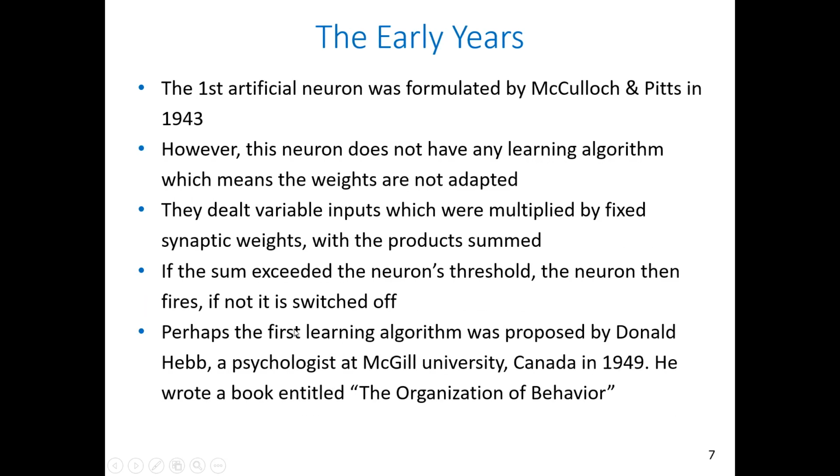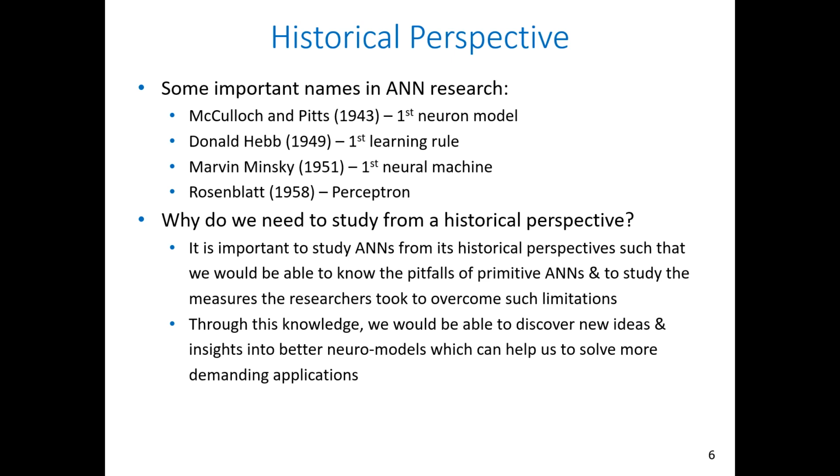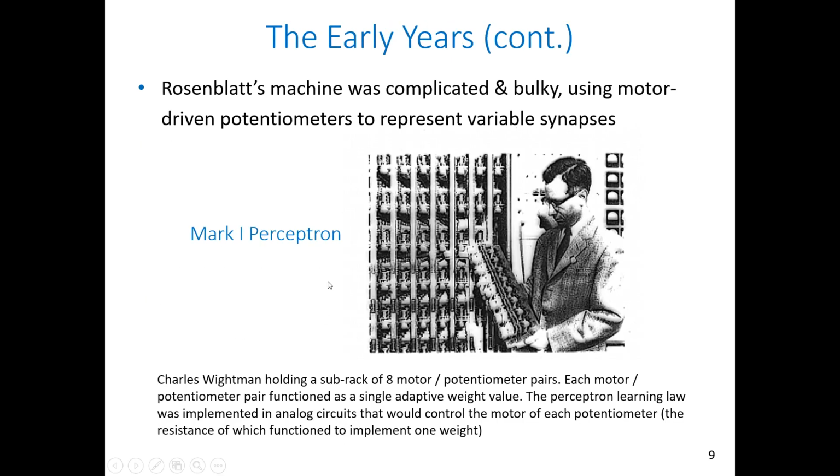So as you could see in our neuron, we would have weights that have to be set according to our data and our problem. So in the first generation of neural networks, which is called the perceptron, they implemented these weights by using resistor value or resistance, which is implemented using a potentiometer, and whose value is changed by driving a motor. So Charles Whiteman, holding a sub-rack of 8 motor potentiometer pairs.